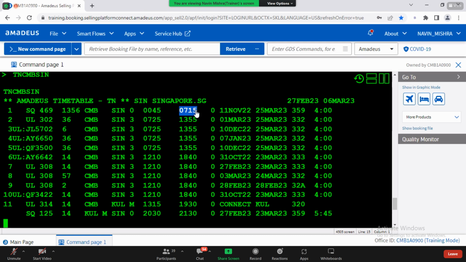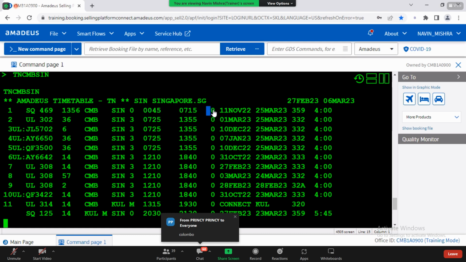Now, you all tell me, is the arrival 7:15 Colombo time or Singapore local time? That's Singapore local time. Very nice. So this is the departure flight timing, and this is the arrival flight timing.